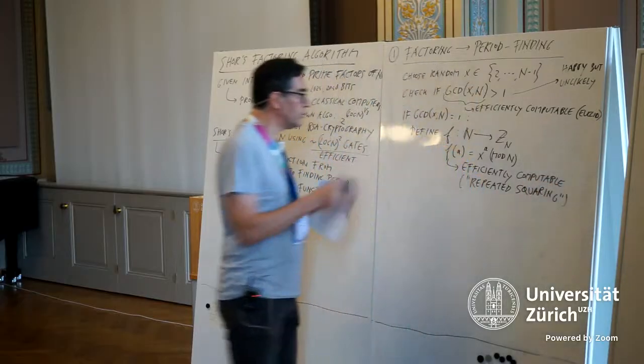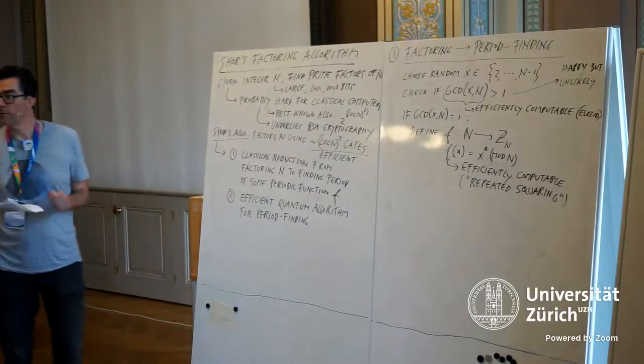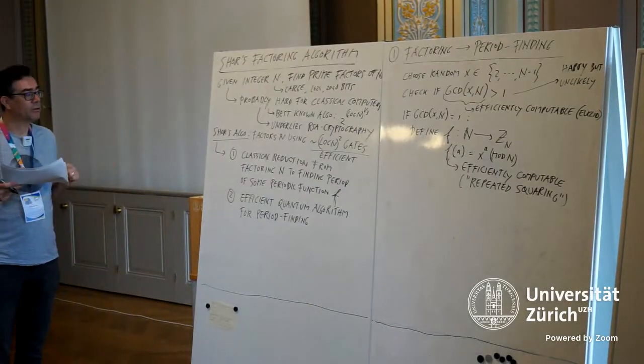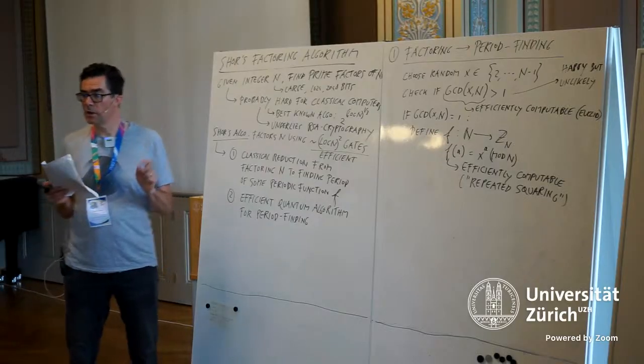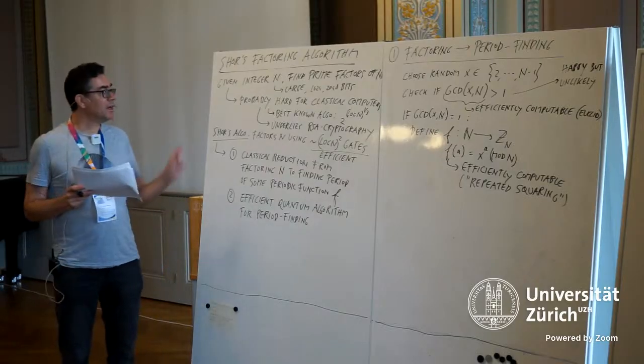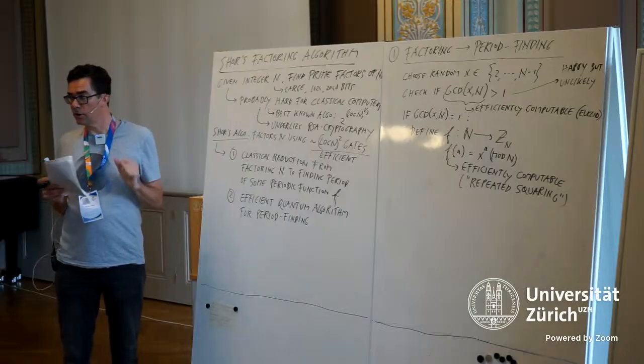If you're curious about how this is done, you can ask me in the break. It's a little exercise to show that this f is efficiently computable. And when I say efficiently computable, I always mean polynomial time in the number of bits that are needed to write down capital N.